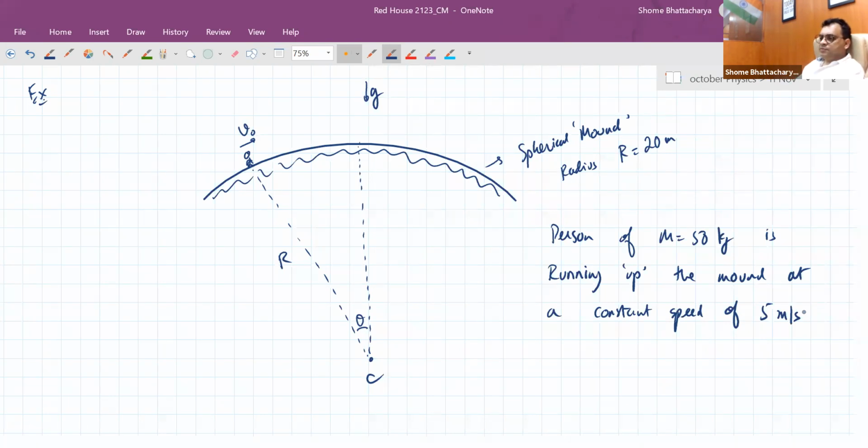That's a pretty high speed actually, but anyway, it's almost 18 kilometers per hour. Okay, let's assume he's running that fast.